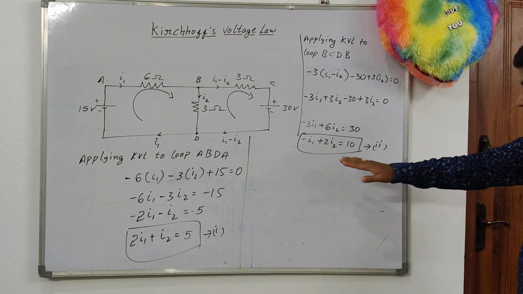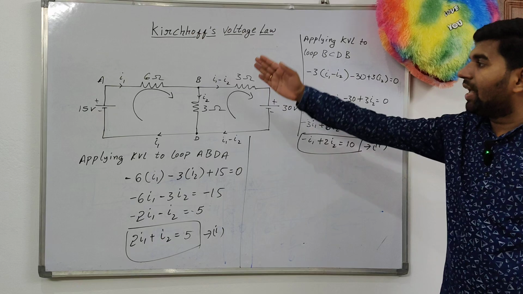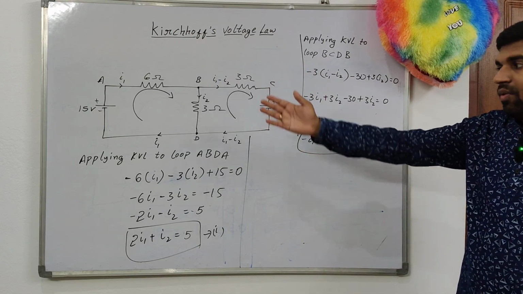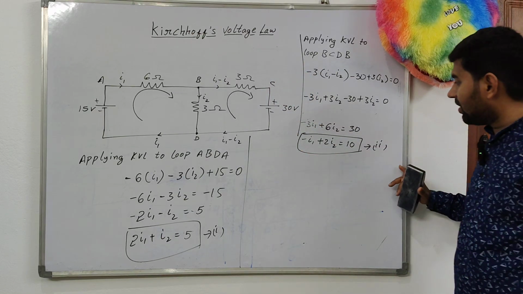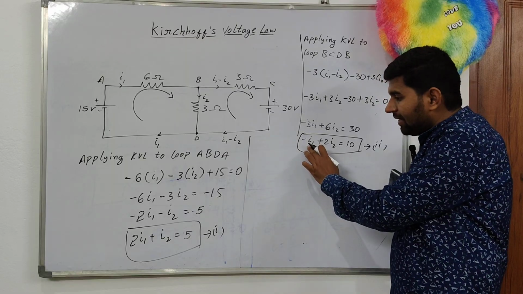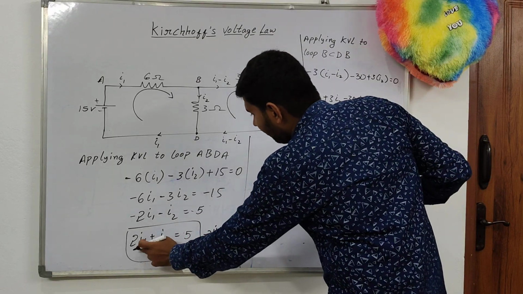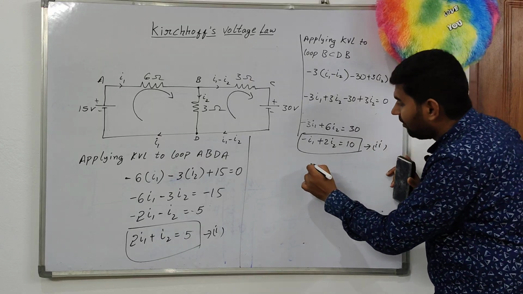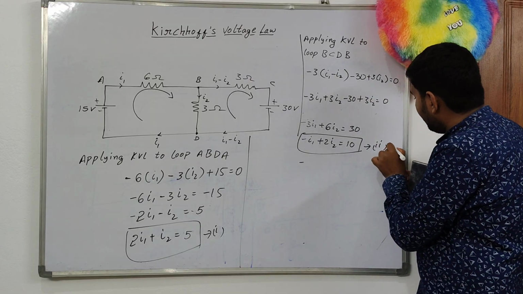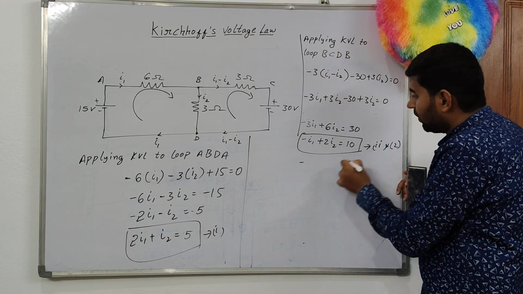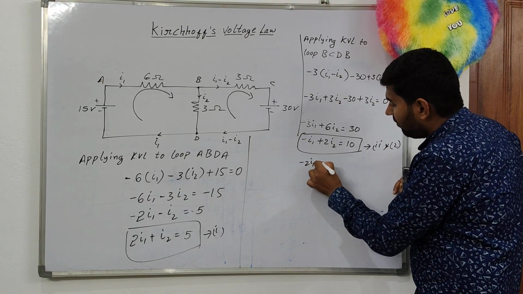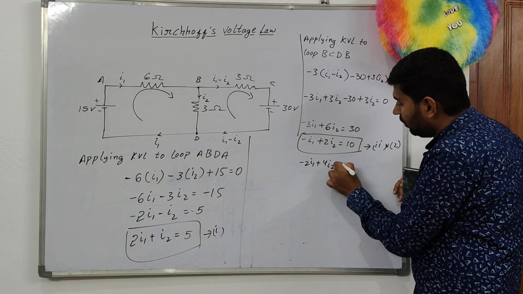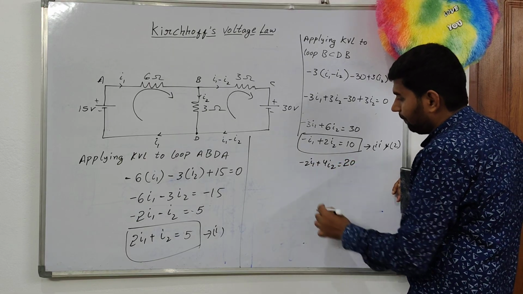Now, by solving the two equations, we are able to find the currents I1 and I2. How to solve them? If you observe, this is minus I1 and this is 2I1. If I multiply this equation with 2, it becomes minus 2I1 plus 4I2 is equal to 20.